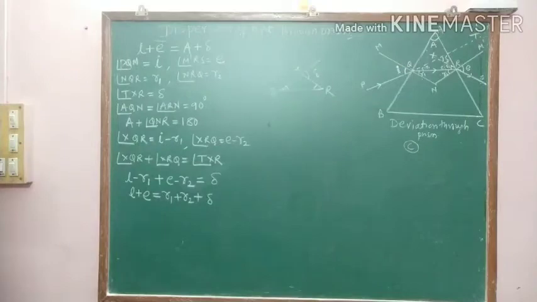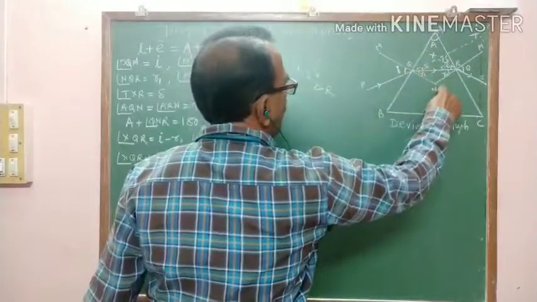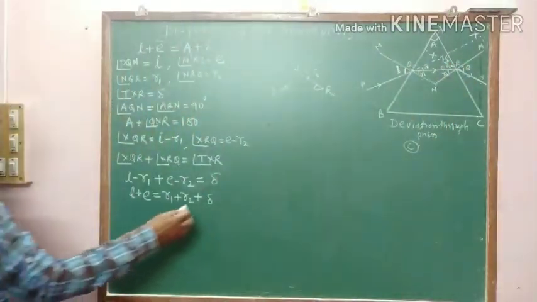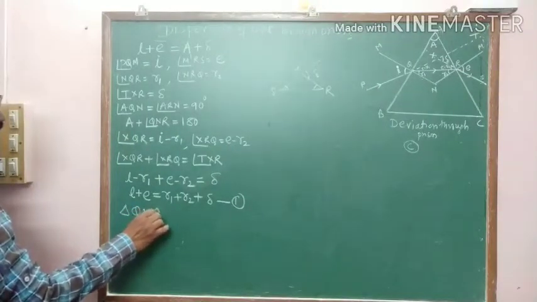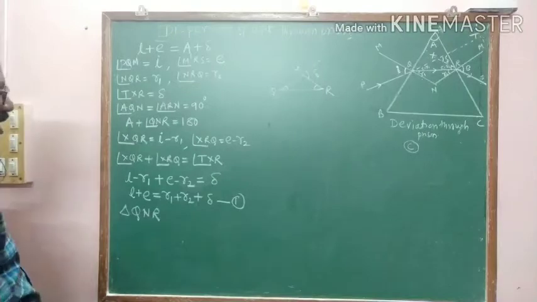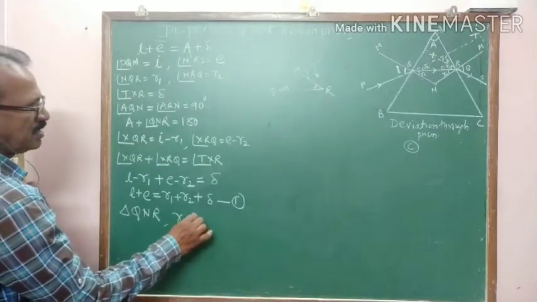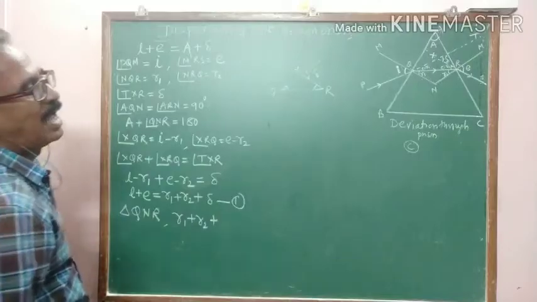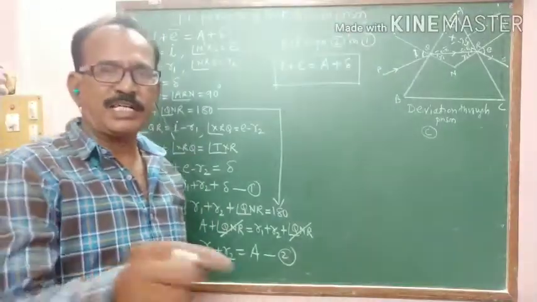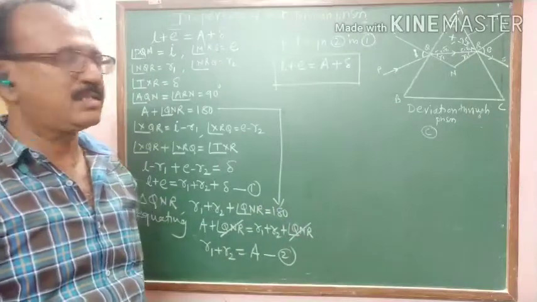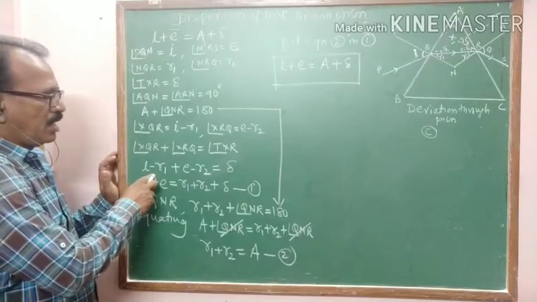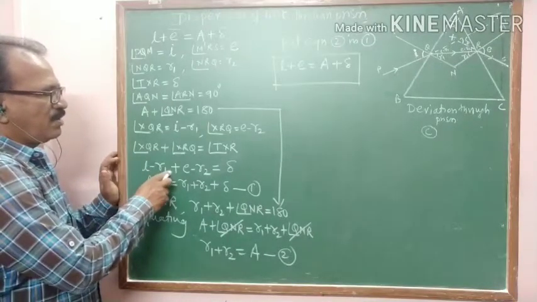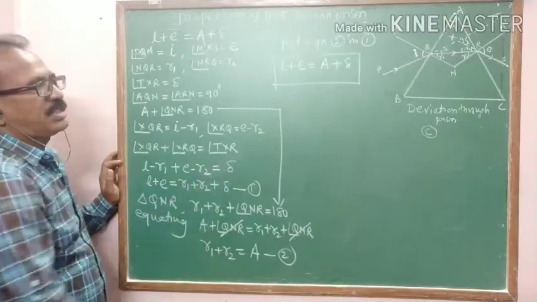Now what is the value of r1 plus r2? Continuing from the earlier class, we have got this equation: i minus r1 plus e minus r2 is equal to delta.